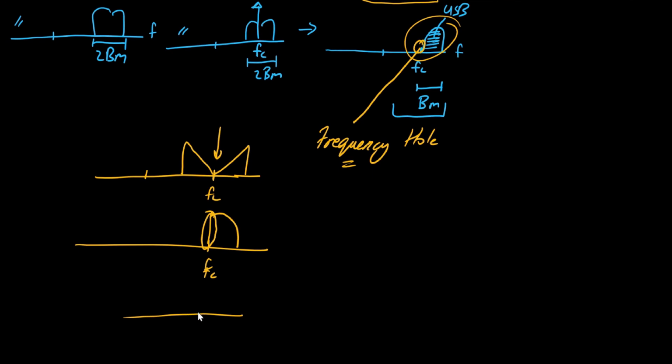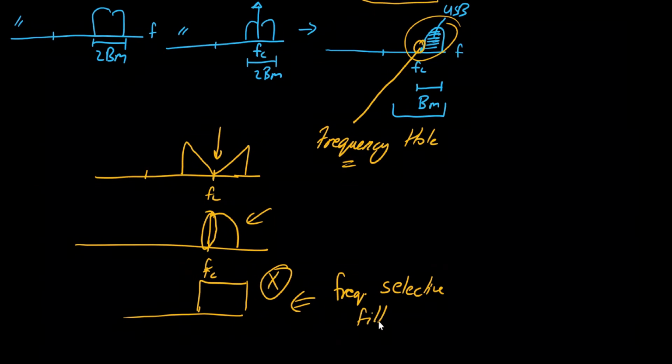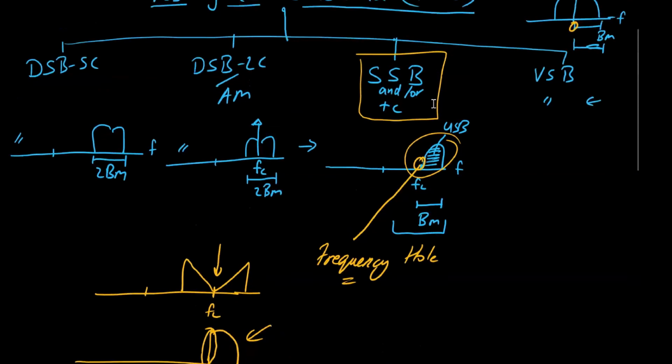For that we would need to create this with an ideal band pass filter, which is not practical. The frequency selective filter that we need cannot be realized. This is the reason we move away from SSB if we have significant DC content, so we cannot use SSB and we have to move towards VSB.